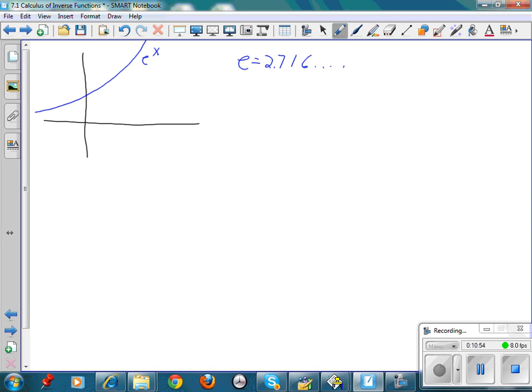What is the inverse function of e to the x? Do you know what that is? If you would draw it here, see if I can get this right.